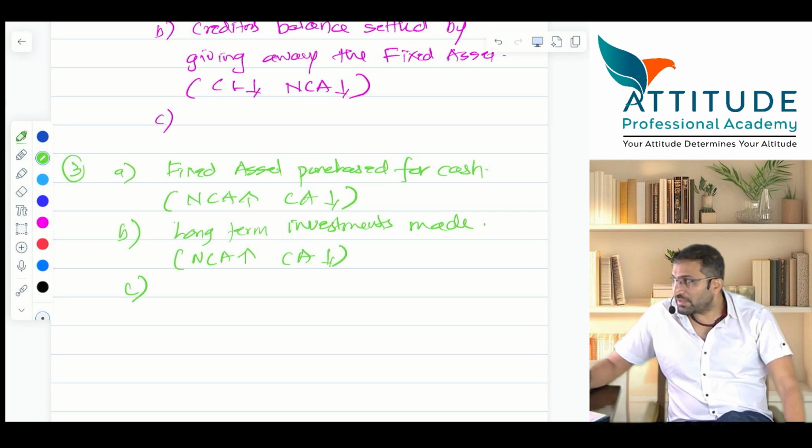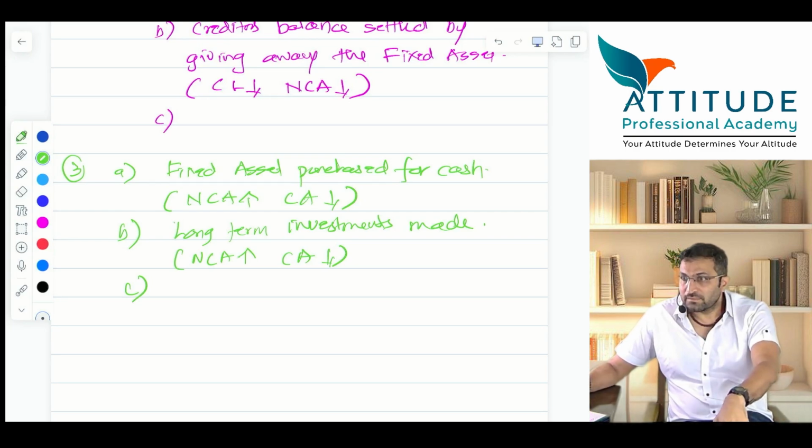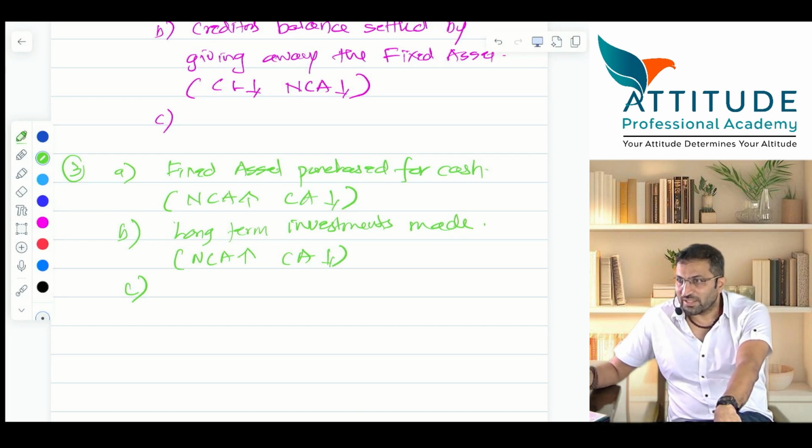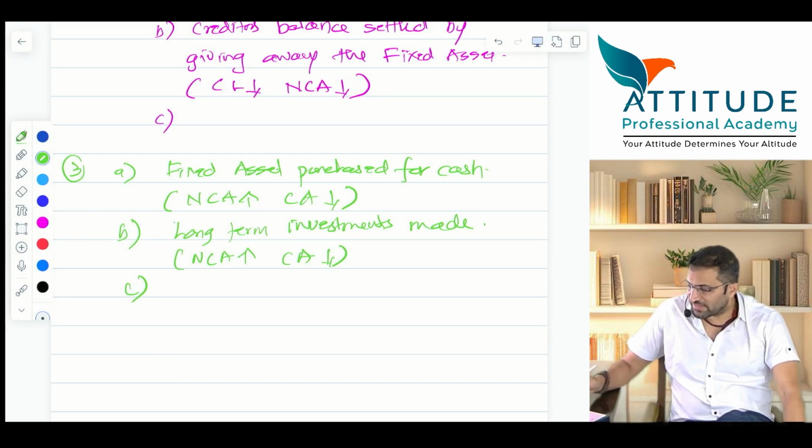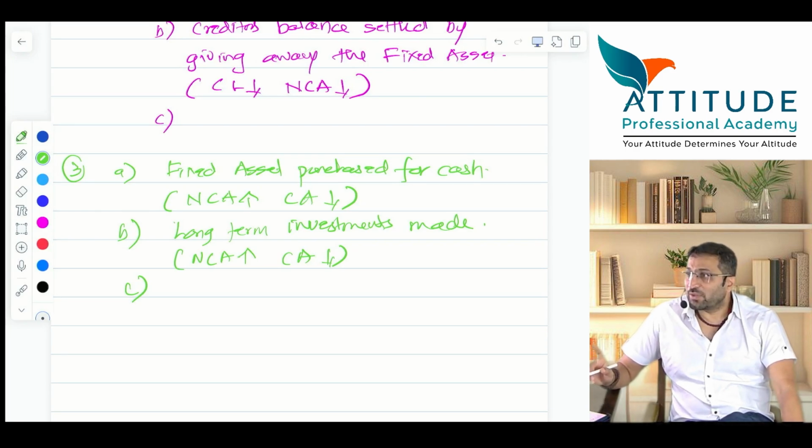Tell me another example. How debtors will accept the fixed assets? Debtor is also receivable. Fixed assets is yours only. नहीं आता. हाँ. Sale of fixed assets. Very good. But sale of fixed assets at book value, not at profit.